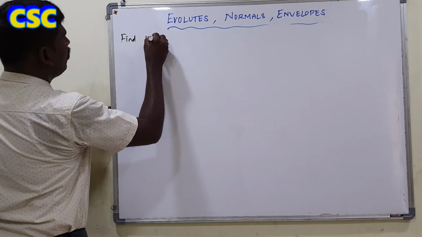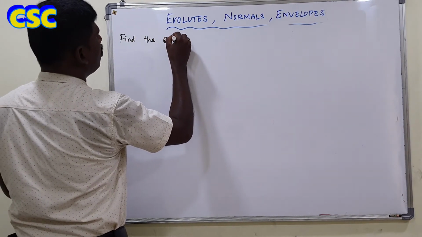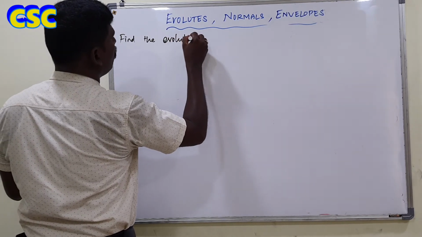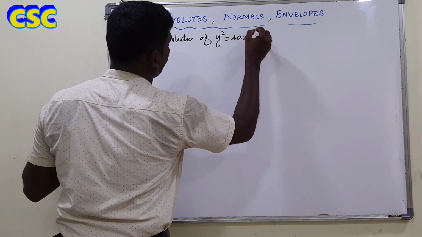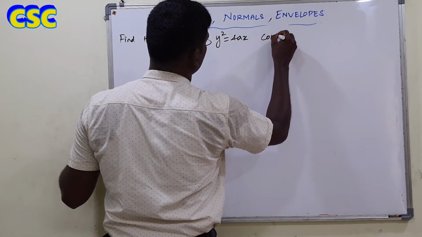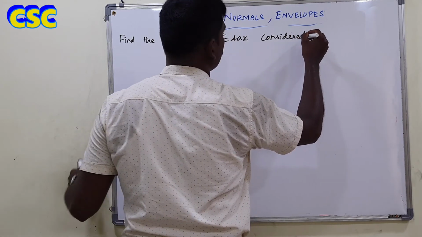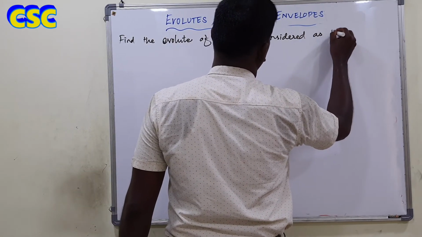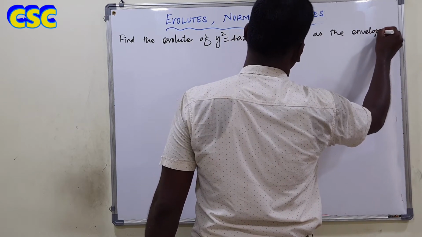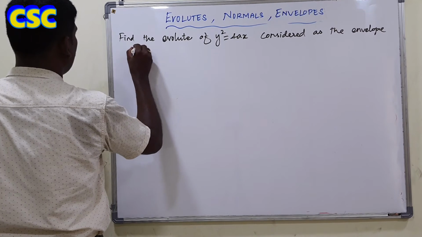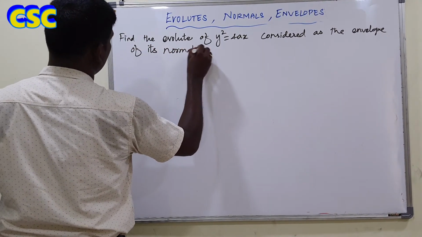Find the evolute of y square is equal to 4ax. Consider it as the envelope of its normals, right?